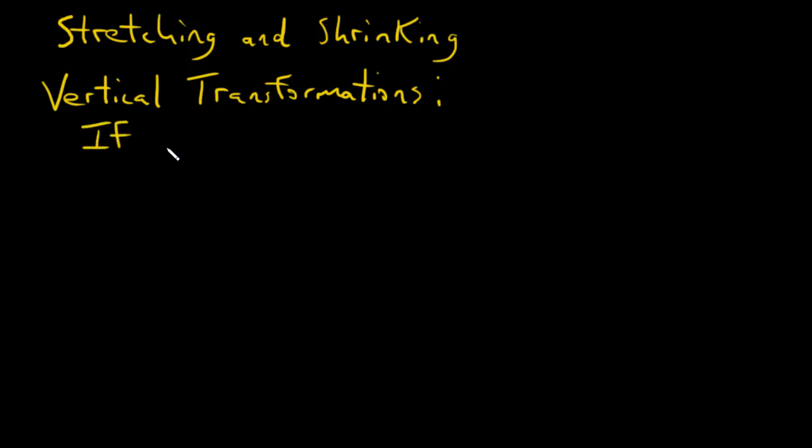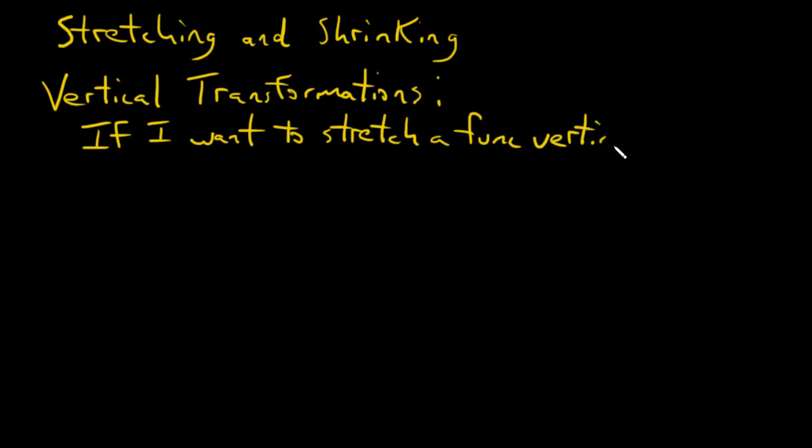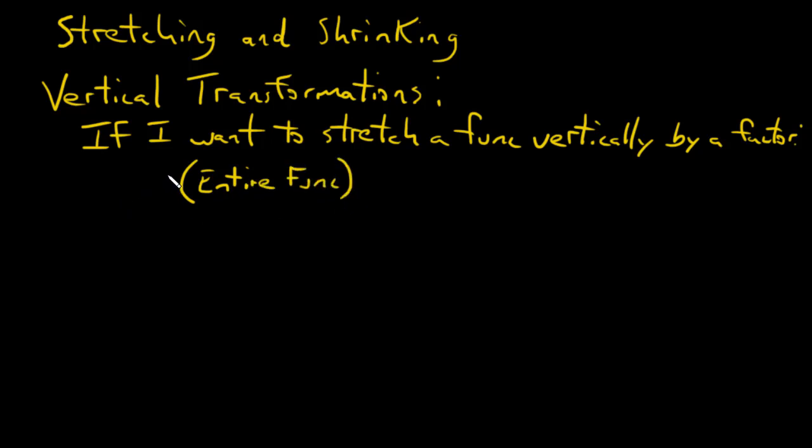So if I want to stretch a function vertically by some factor, all I have to do is put the entire function in parentheses, the entire function, because it's a vertical transformation, and then just put the factor as a multiplier.